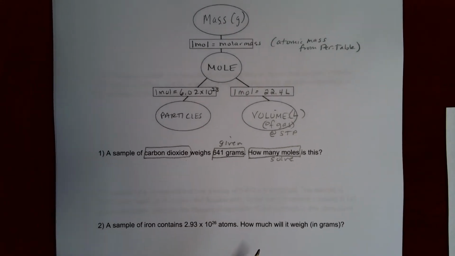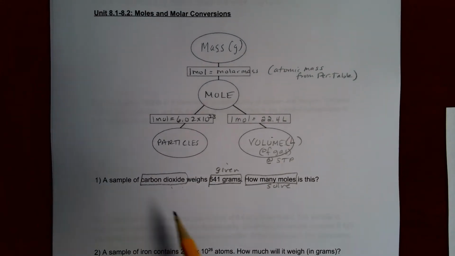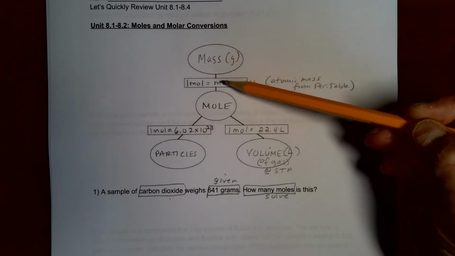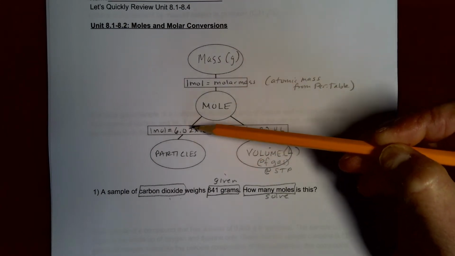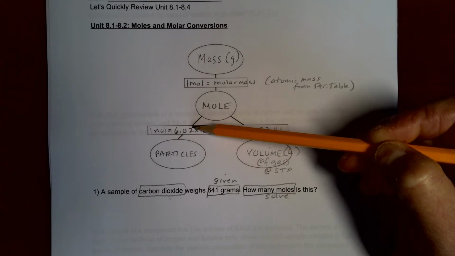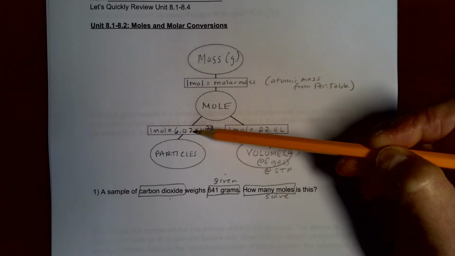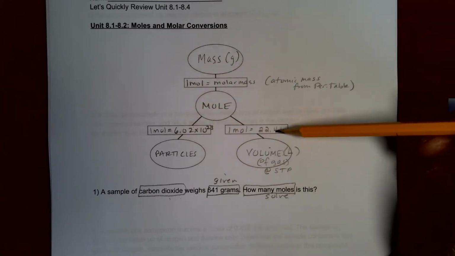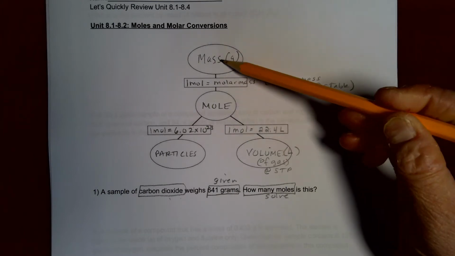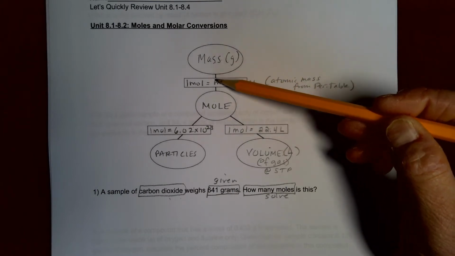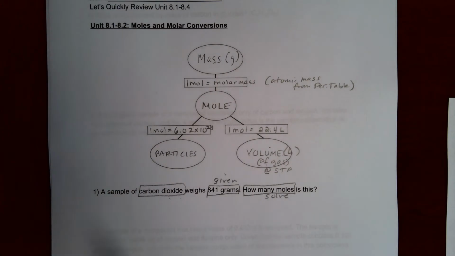You only really need to know what the substance is if you are converting to anything to mass. If you're converting to particles, it does not matter what the substance is. This equality here is irrelevant for the identity of the substance. Same for converting to volume. This can be any gas. So the only conversion where you have to know the formula is mass to mole.